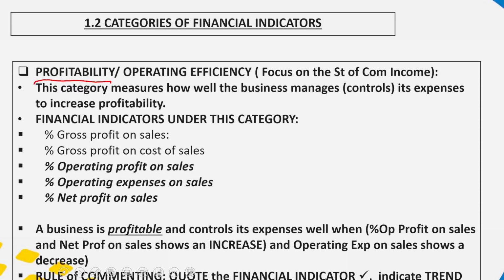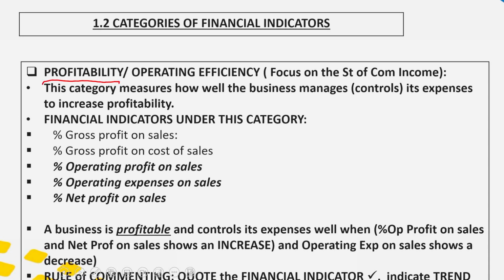category will be measuring how well the business controls its expenses in order to increase profitability. The keyword here is expenses, meaning that our focus when we are looking at the profitability financial indicators is on expenses.